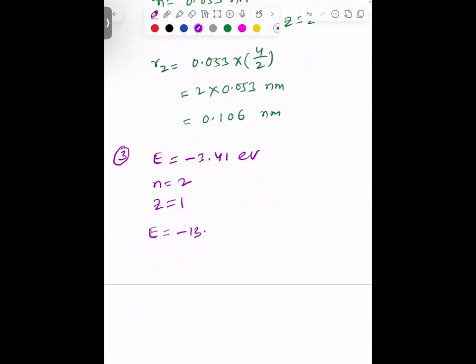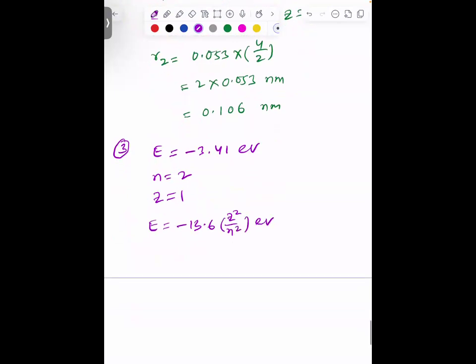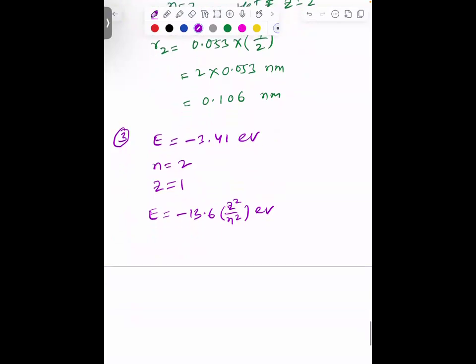E equals minus 13.6 Z square upon n square electron volt per atom. This is the formula. Then what is asked? The energy of the electron in the second Bohr orbit of He plus. Next, n equals 2 and Z equals also 2.